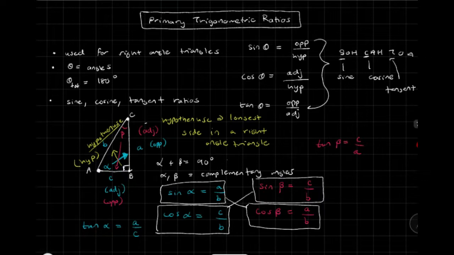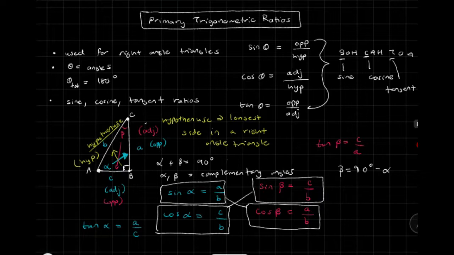Okay, so there should be some kind of link here, right? And we want to explore this. We know alpha plus beta is 90 degrees. We can understand that beta can thereby be written as 90 degrees minus alpha.